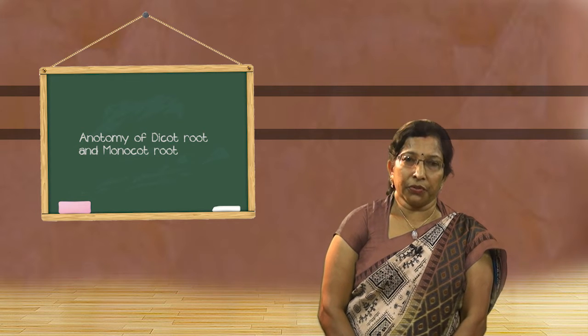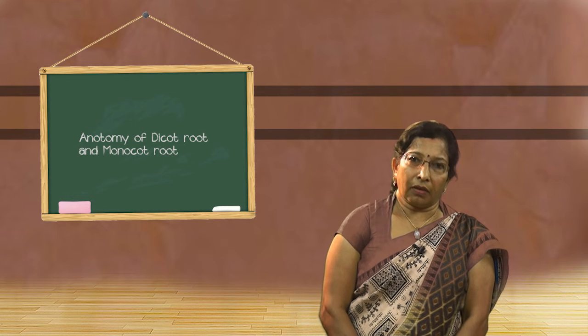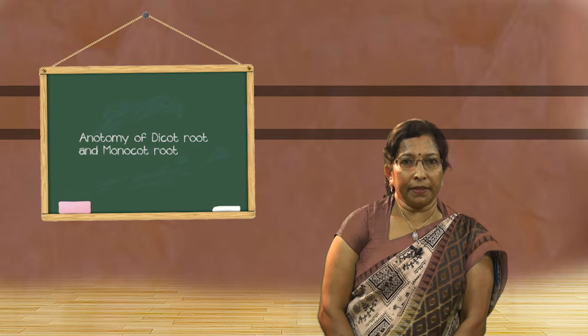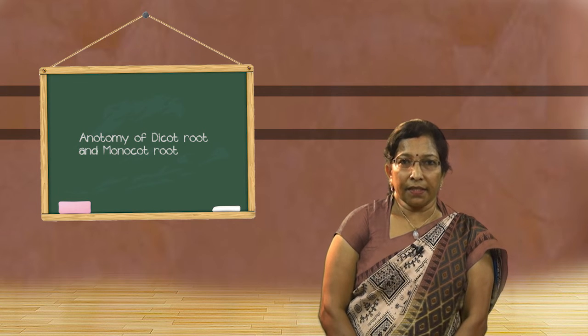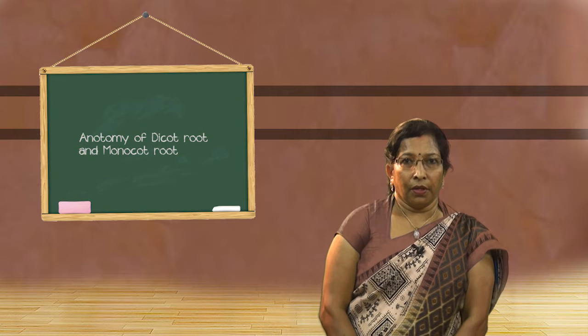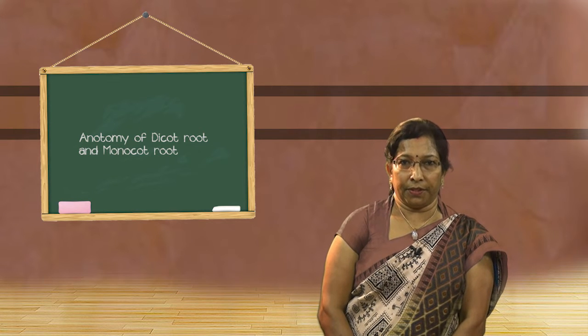Next to this epiblemma there is a cortical tissue, and cortical tissue or cortex is made up of simple parenchymatous cells. The cells are arranged with a lot of intercellular space. The innermost layer of cortex is called endodermis.